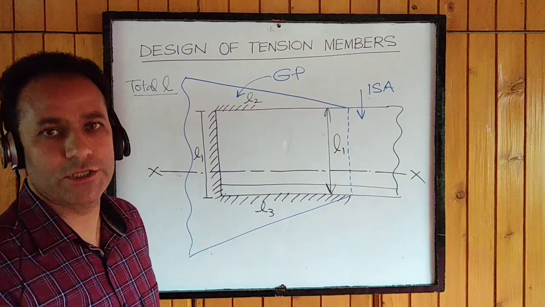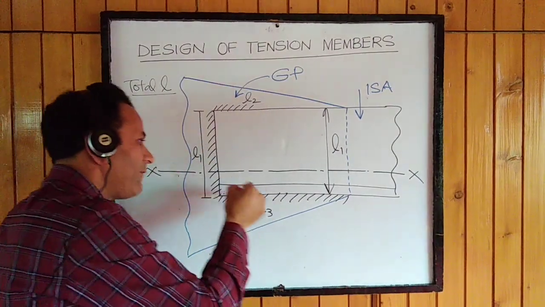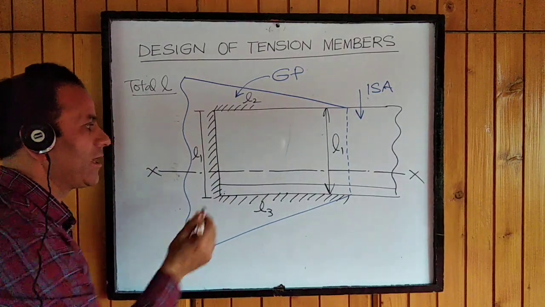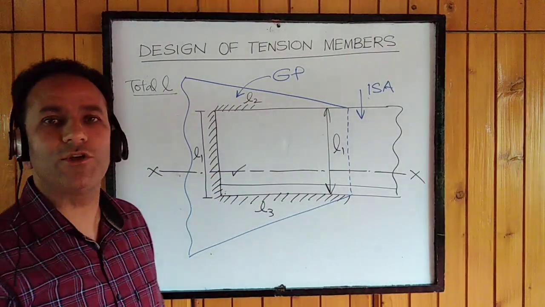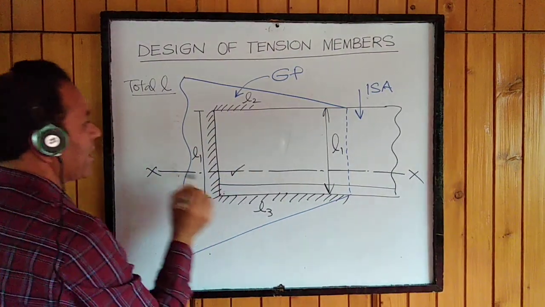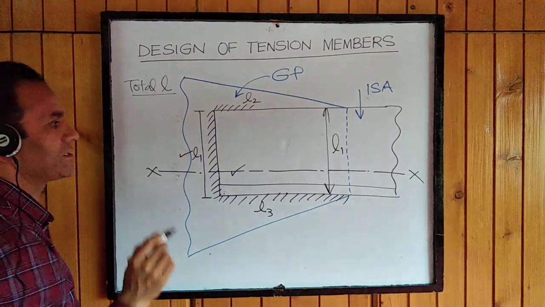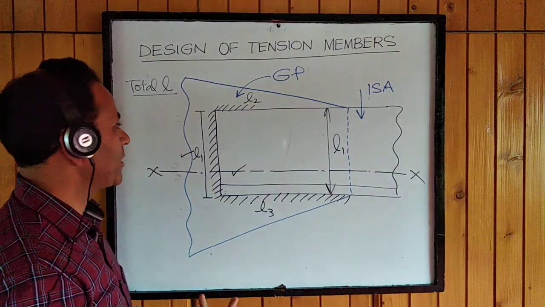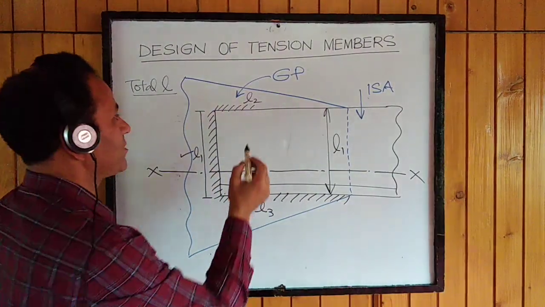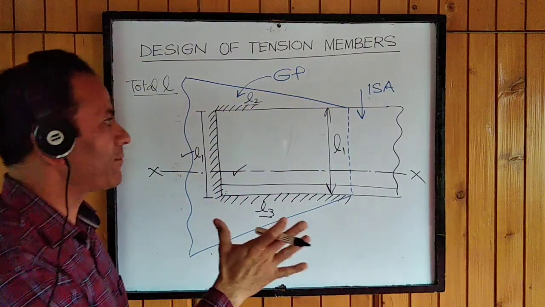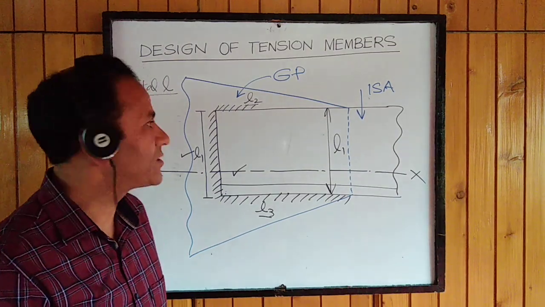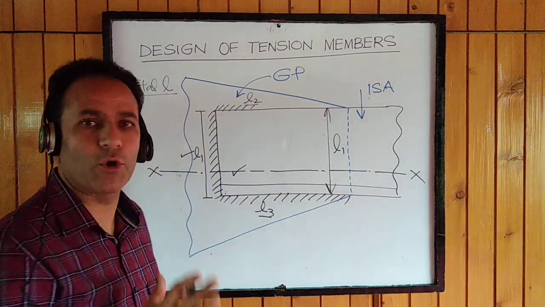They will be different because the CG of the entire welded length must coincide with the CG of the member to avoid eccentricities. So L2 and L3 have to be calculated. L1 is known to us. We take the moments about a particular point for all these three weld strengths and ultimately find out L2 and L3. And the final picture, all these dimensions of the tension member design should be given in a proper sketch.